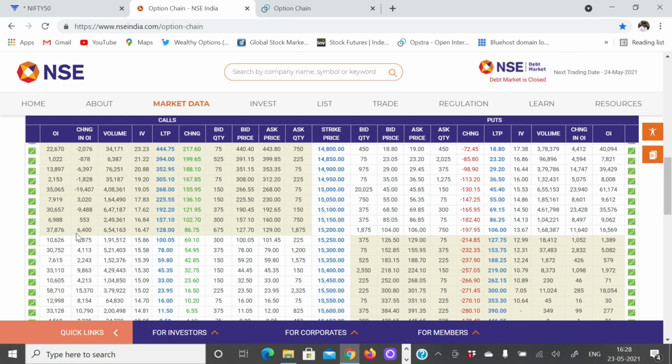So this indicates the open interest is increasing at this particular strike price. And if you look at the 15,100 call option, compared to yesterday, today 9,488 contracts have been squared off. So basically the open interest is reduced.